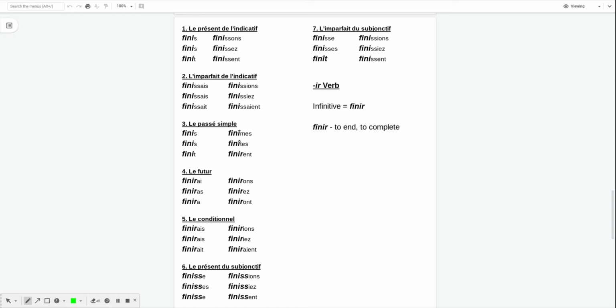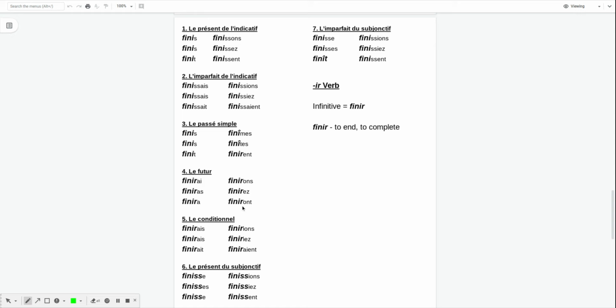You notice that these are 5/6 the same: on the singular side, the first and second person, and then on the plural, first, second, and third person are the same between le présent du subjonctif and l'imparfait du subjonctif, with the exception of that FINIT there in the third person singular.